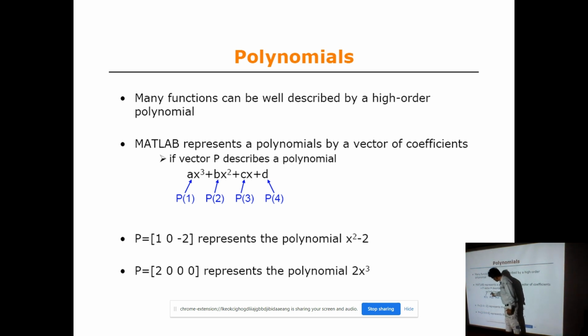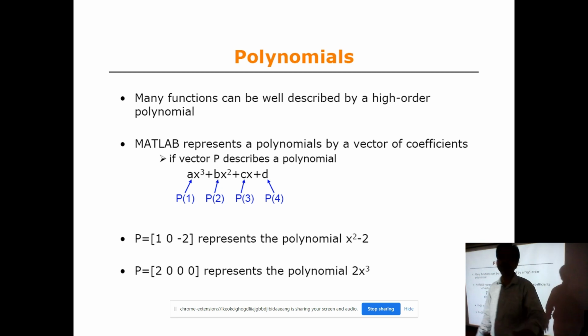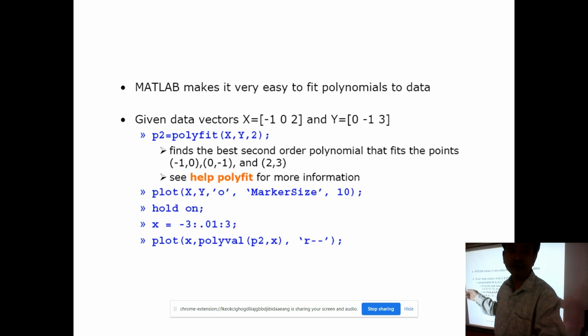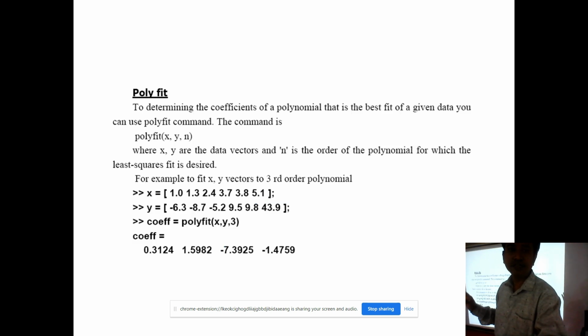Let's suppose the coefficients are written in the form of a matrix. When the program comes, it will be very easy. We'll leave that here. The roots I explained, poly I explained, polyval I explained. Plots we will think of later. Polyfit, this function you can use.